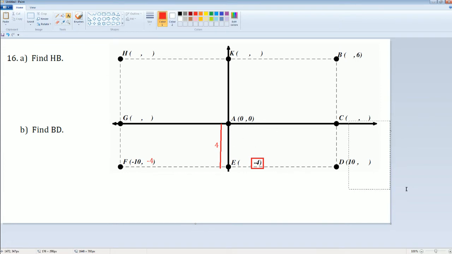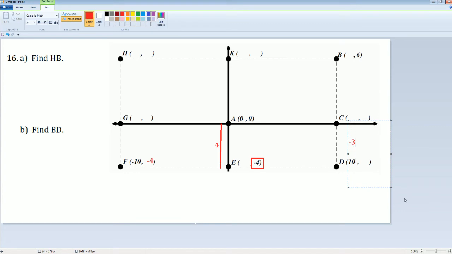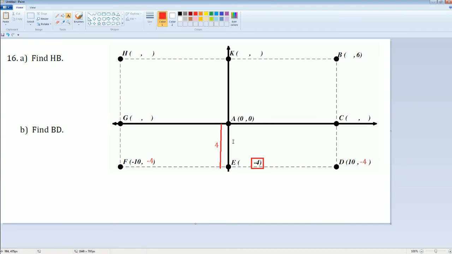This is also -4. Okay, -4. Okay, next, this is to the 10.